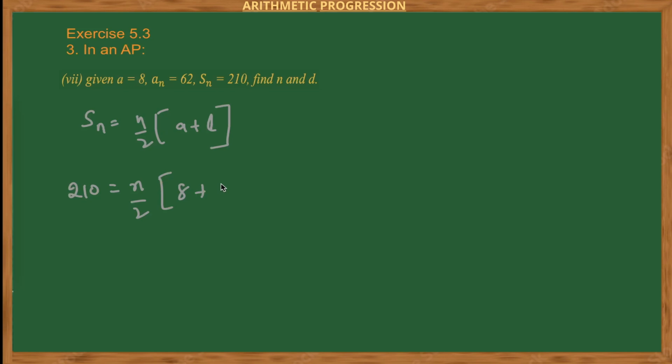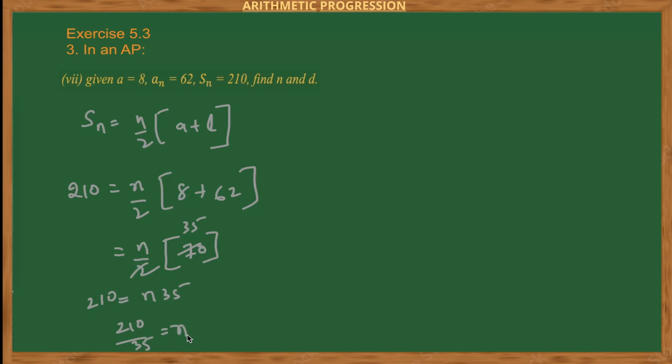So that value we will replace here. n by 2 times 70, this becomes n times 35. So 210 divided by 35 is equal to n.